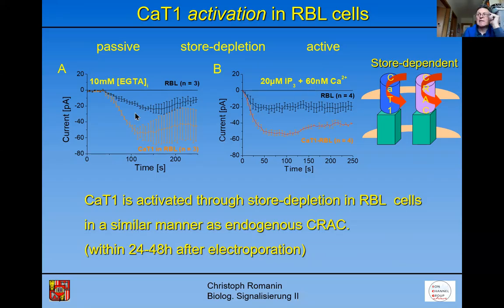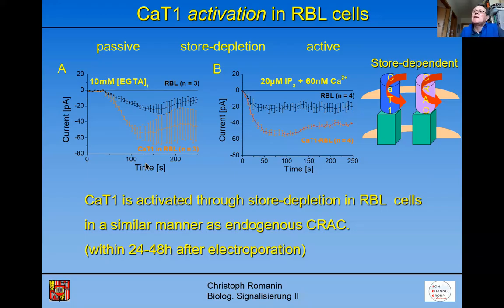You can very nicely see this is the endogenous current. That also occurs, of course, in control cells. But when we now express in addition the CAT1 in the same cells, we have, of course, an overlap of the endogenous currents plus now that current that actually develops due to the expression of CAT1.